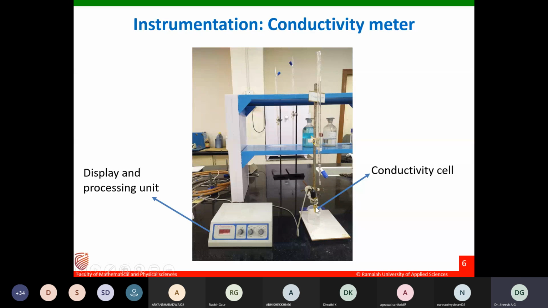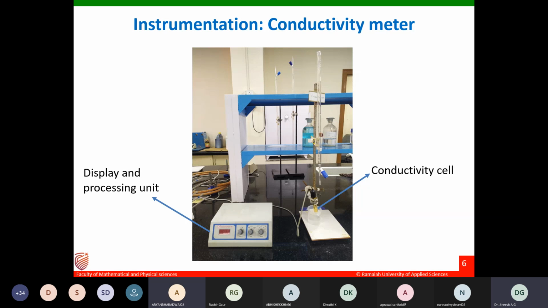Then into that beaker, we will dip the conductivity cell. So what will this conductivity cell do? It will measure the conductivity of this solution, and that conductivity value will be displayed in this display unit. Got my point?